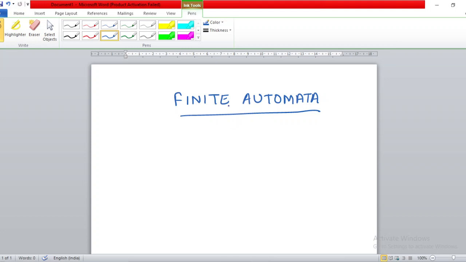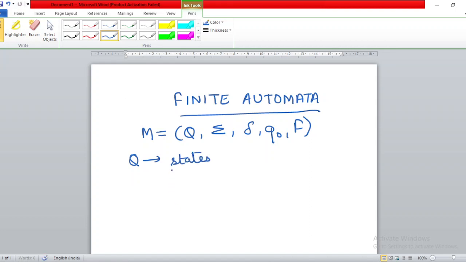Alright, so a finite automata is basically described by a 5 tuple, capital M is equal to Q, sigma, delta, Q0, F, where capital Q is a finite set of states in which your machine will be at any instant of time, right?